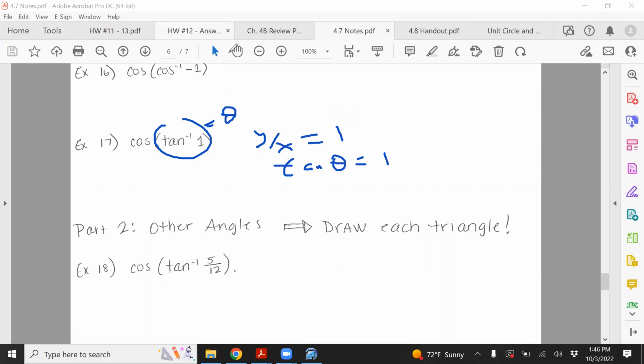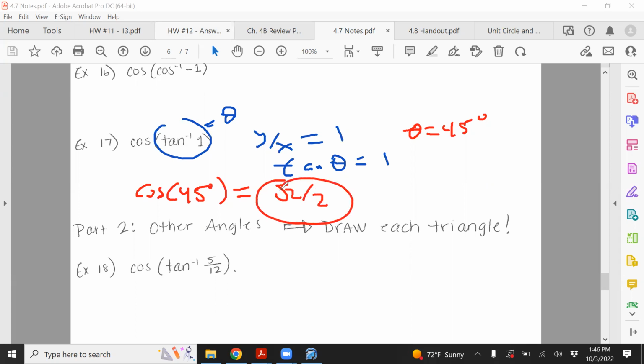Thank you, Eric. Very good. Now, what's cosine of 45? Thank you, Connor. You guys are doing great. Root 2 over 2. Perfect. Good. Great. Okay, questions about those 4.